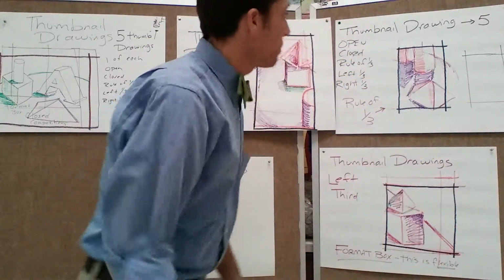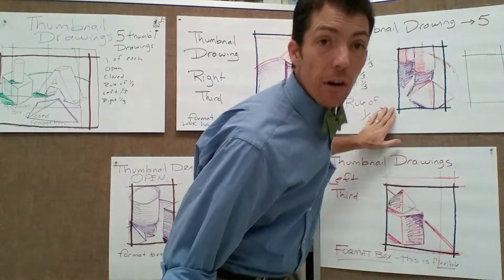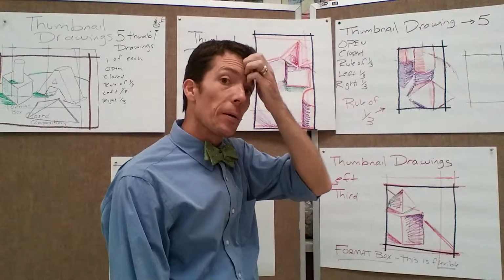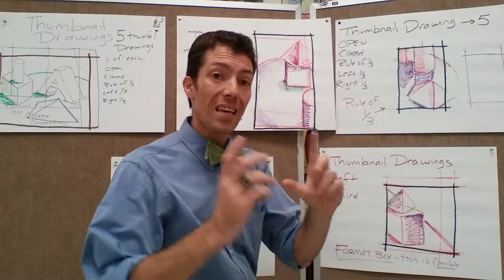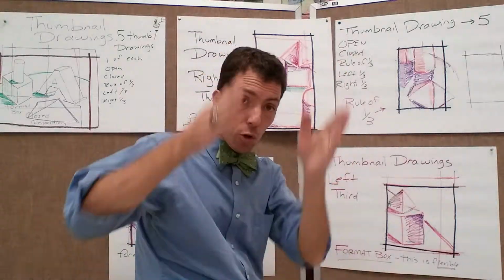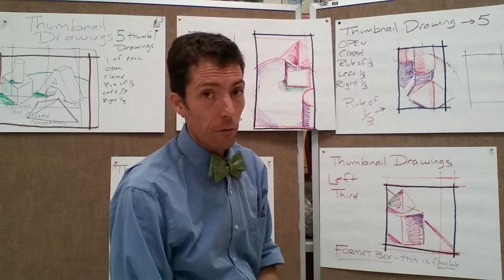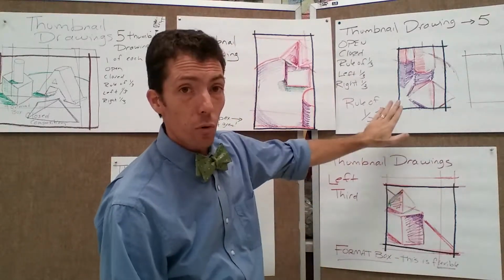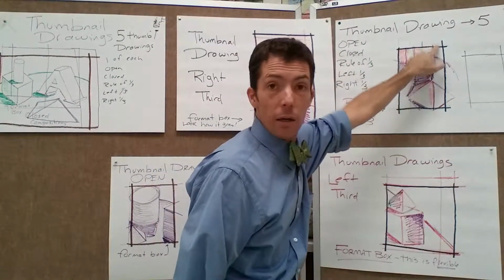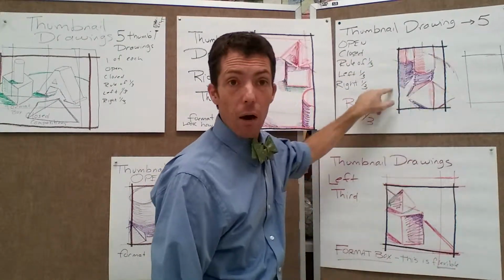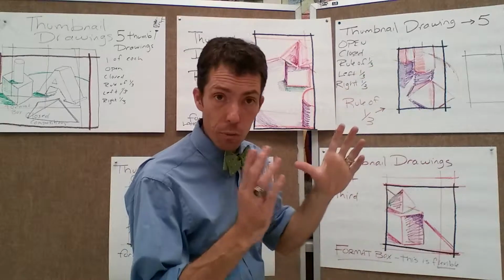Rule of thirds is very popular in the world of photography. And I think a lot of the photography is rule of thirds because cameras now create this grid on their viewfinder for us. So in rule of thirds, I've got a grid, a tic-tac-toe game board drawn out on my picture plane.